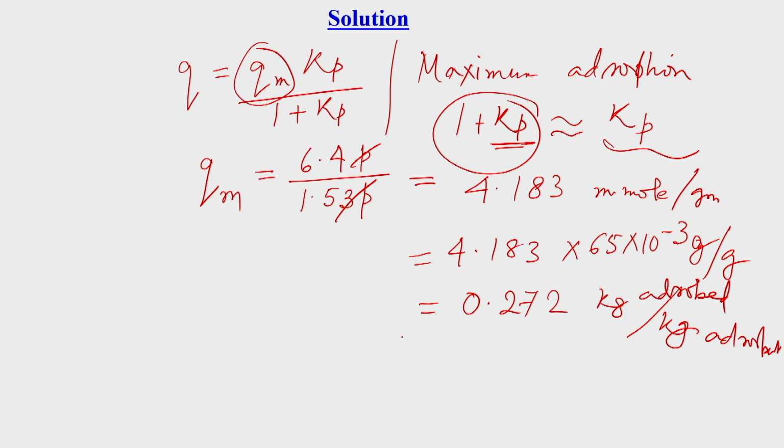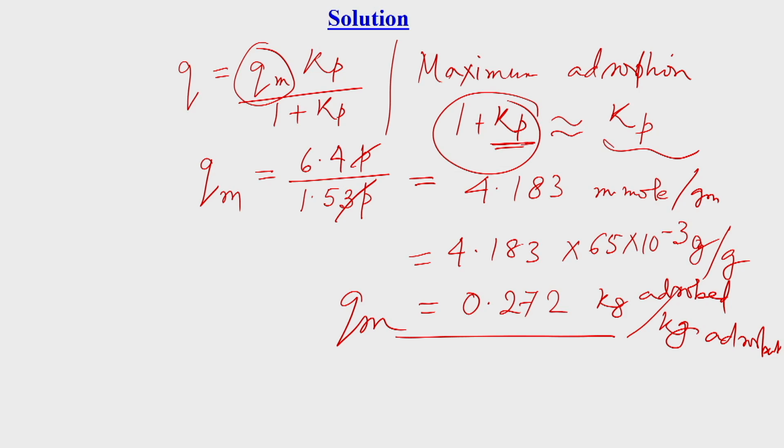So the Qm, or maximum amount adsorbed, is such that if we use 1 kg active charcoal, then 0.272 kg of this gas will be entrapped.